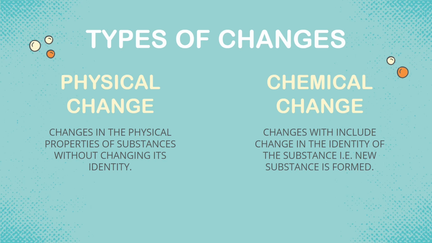Let us see some examples of physical and chemical changes. Changes in the physical property of substances without changing its identity is known as a physical change, and change which includes change in the identity of the substance, that is, a new substance is formed, is a chemical change.